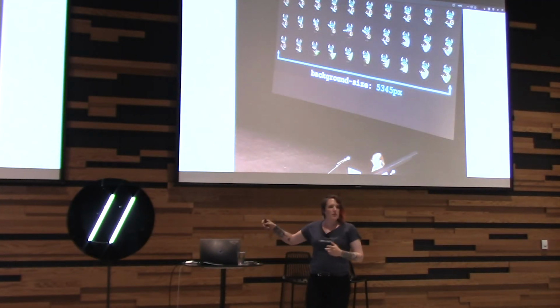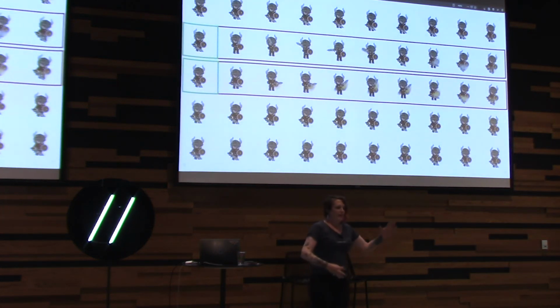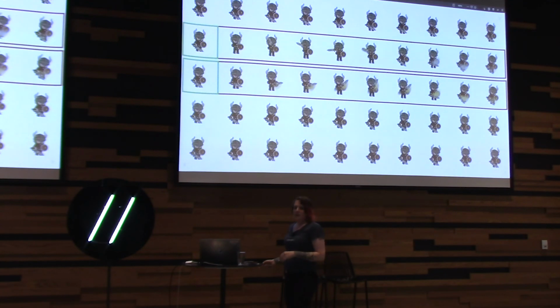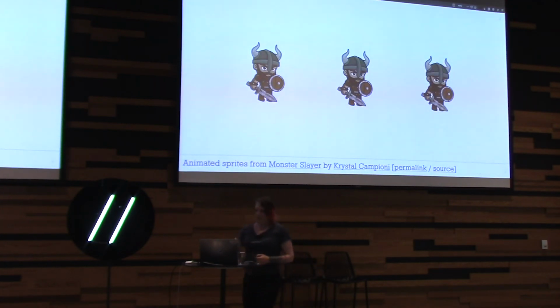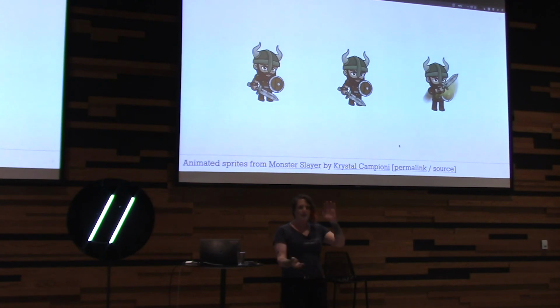Then I saw somebody doing sprite animations at another conference, and I was like, oh, okay, that's just data. I can pass in a sprite sheet and say, what row am I in? Where do I start? What's the size of the box? How many are there? And I can just run through them. So I stole her sprite sheets. And all of that's being generated the same way, passing in the 3 values for each one.